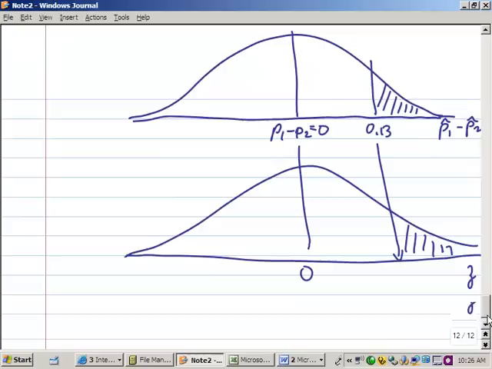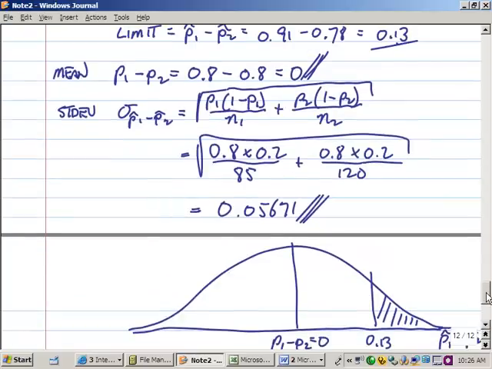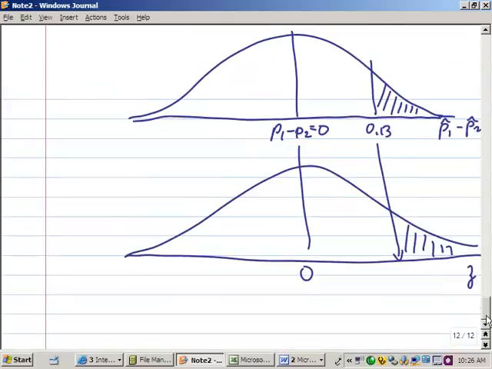So what we're left with here is to write down that statement.